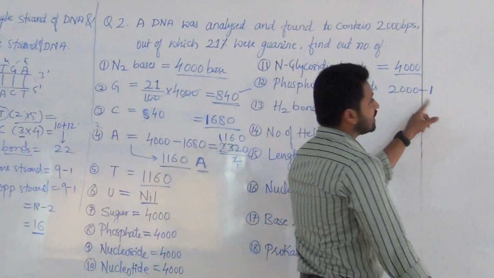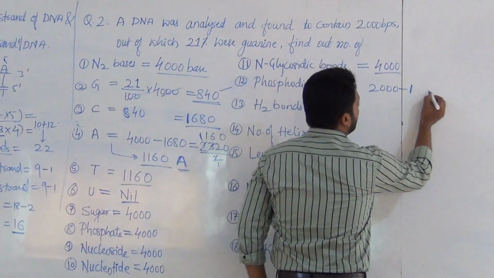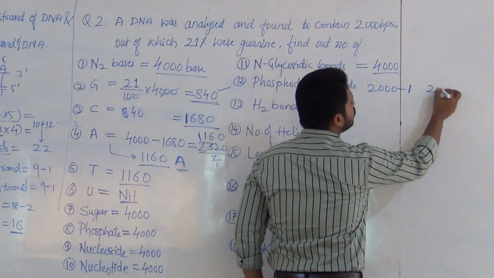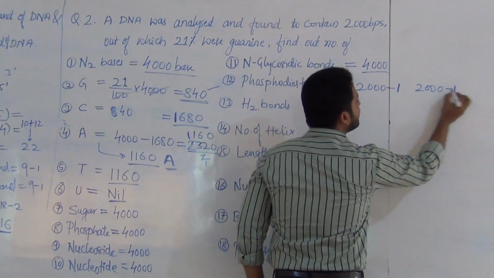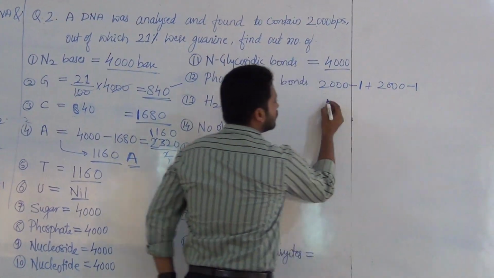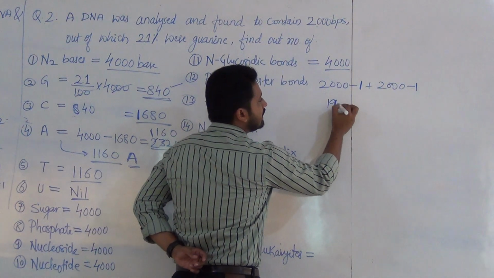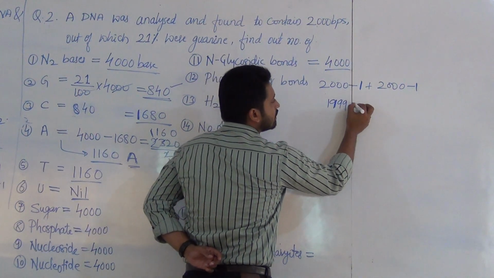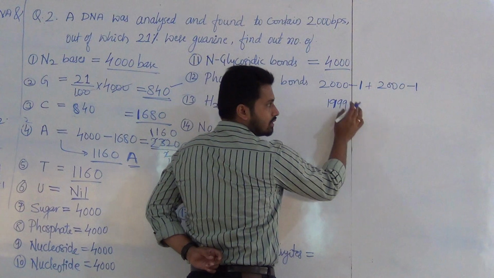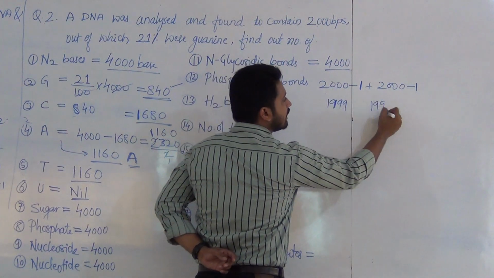So 2000 minus 1 on one strand and on the other opposite strand, that is 2000 minus 1, that will give 1999 total on this strand, and again 1999.